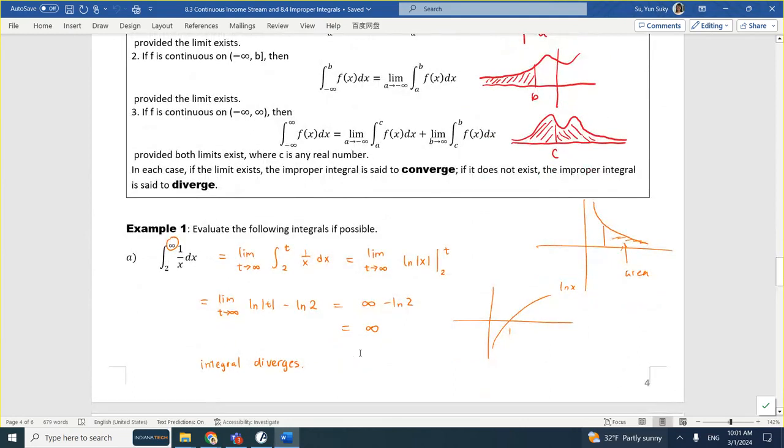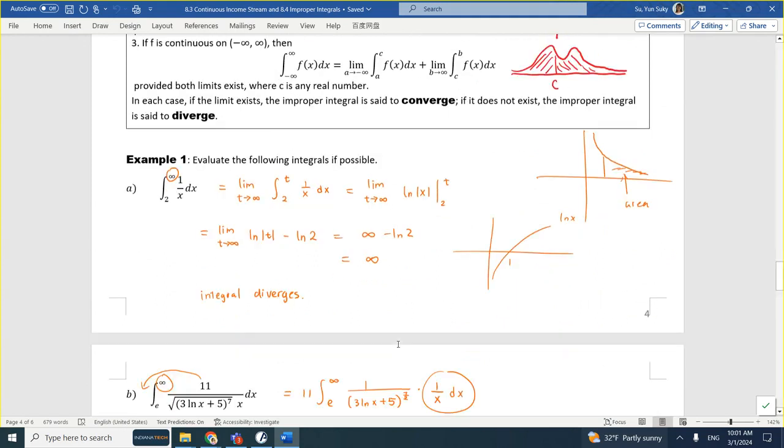If the integral is easy, where you can use some direct formula to compute, then you can just set a limit t, which is the improper value, integrate that function, plug in the t, and then see what your answer is. If you get a finite number, then we say the integral converges. If you get infinity or minus infinity, we say the integral diverges.